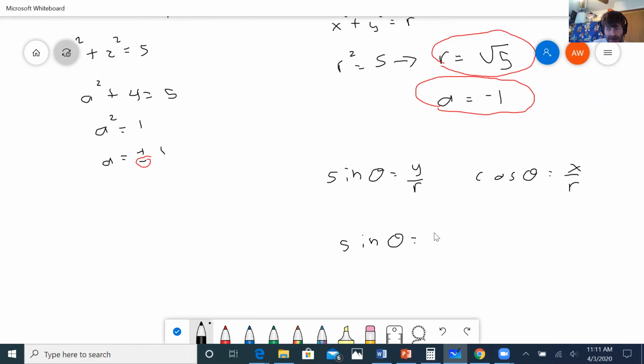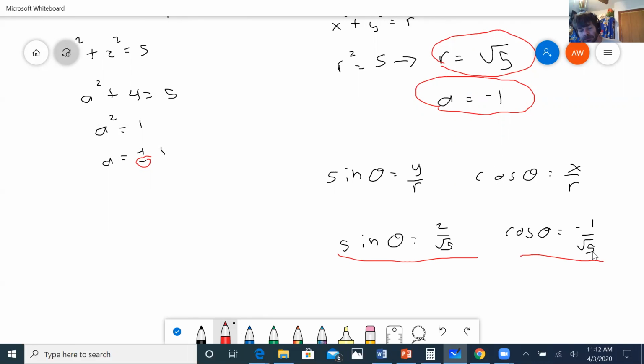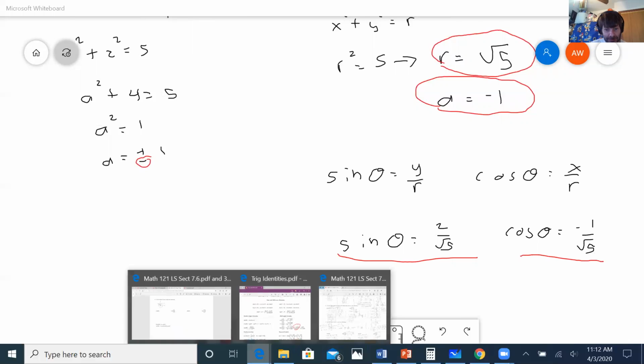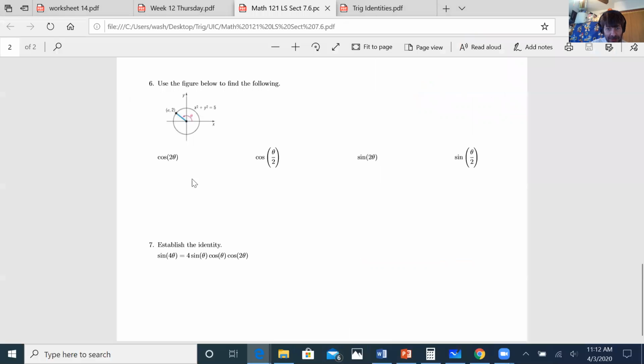So I have sine theta is 2 over root 5, and cosine theta is -1 over root 5. And these are the two things that I'm going to use to get all my answers. Cosine 2 theta, theta over 2, sine 2 theta. So all I'm going to do here is apply the identities and plug everything in.